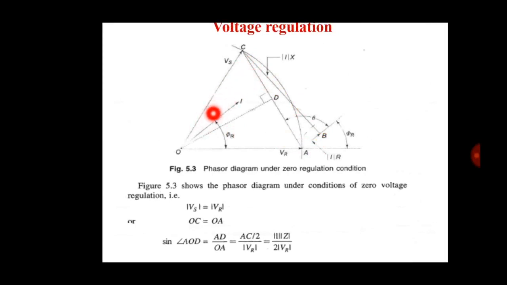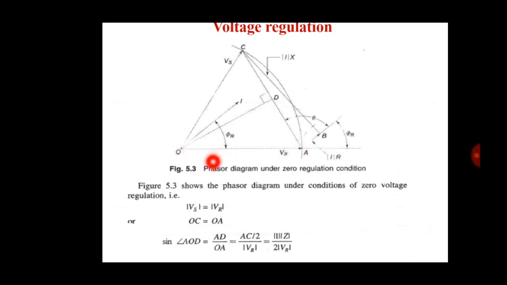Here VS is equal to VR. So the phasor diagram under the condition of zero voltage regulation: the magnitude of VS is equal to the magnitude of VR. That means OC is equal to OA. Now what is angle AOD? Sin AOD is equal to AD divided by OA.